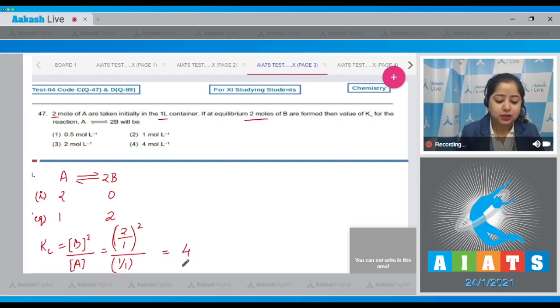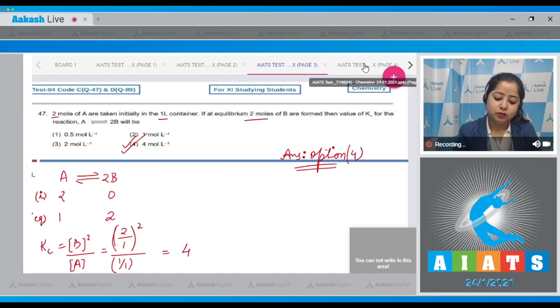That means the correct answer is option number 4, 4 mole per liter. So here I'm writing, answer is option number 4.